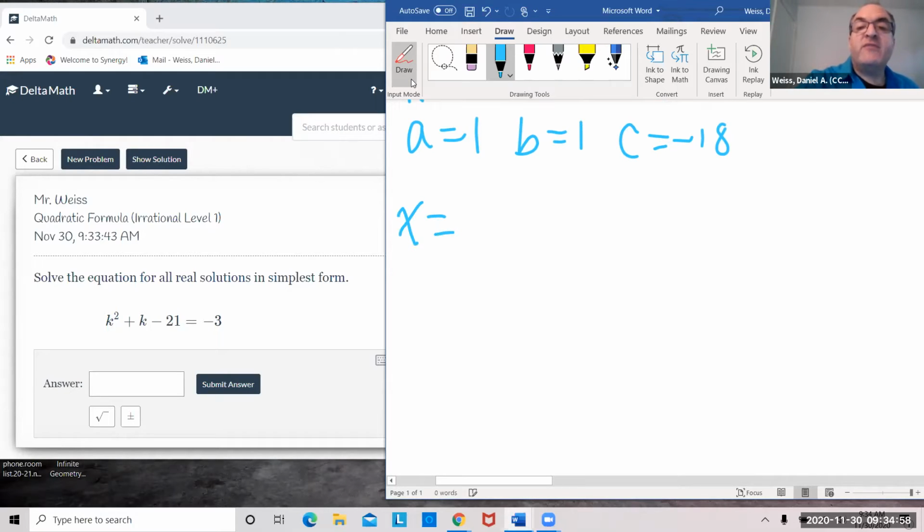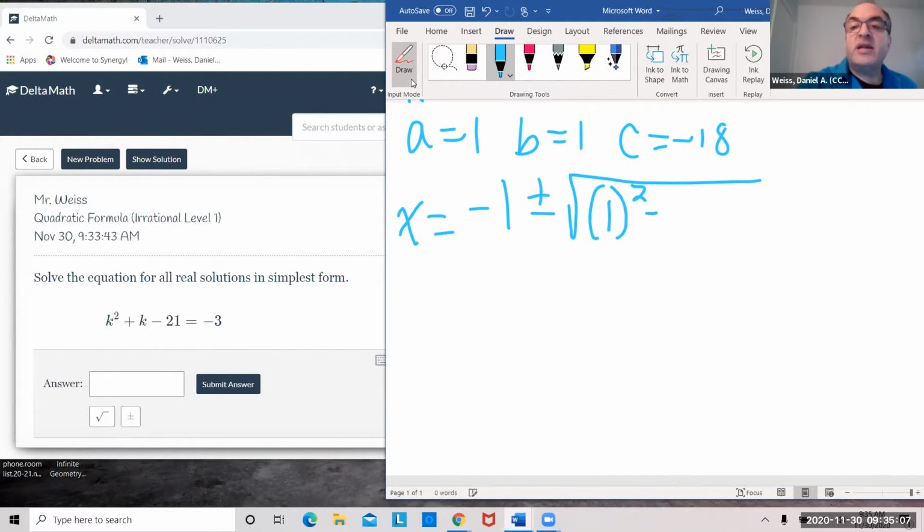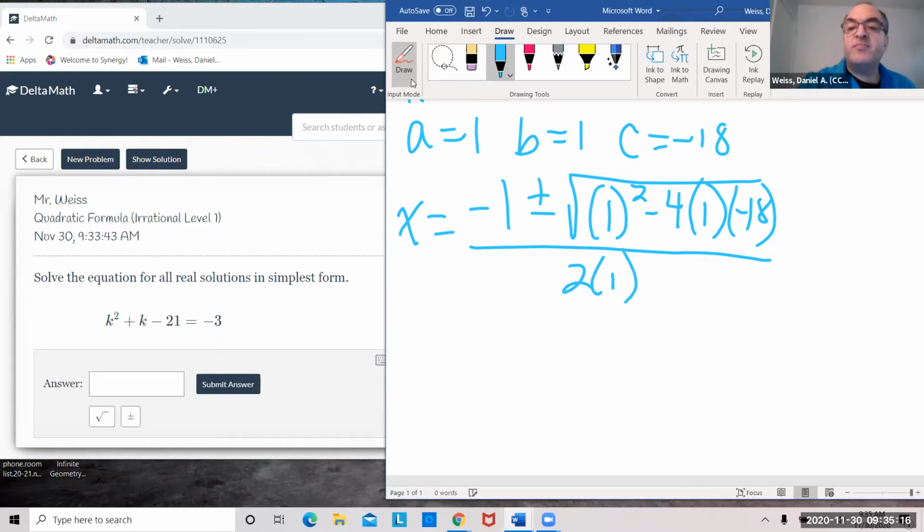X equals negative B, negative 1 plus or minus square root of 1 squared minus 4 times 1 times negative 18, all over 2 times 1. Simplify. X equals negative 1 plus or minus square root. 1 times 1 is 1. Once again, I have minus and a minus.